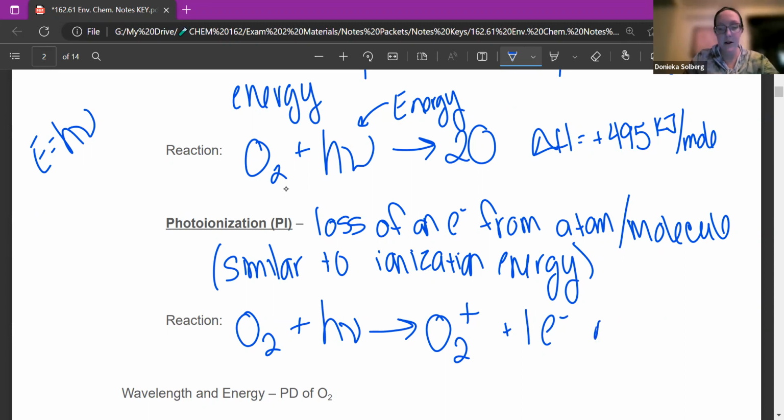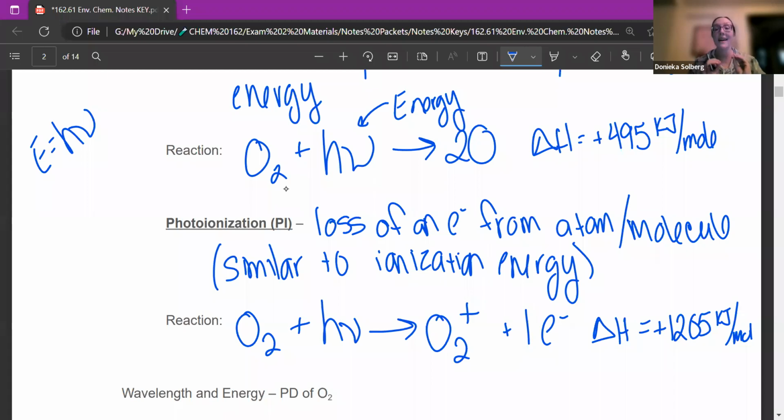Now, the amount of energy required for this is actually a lot higher. This is very unstable, doesn't happen that often, and is positive 1205 kilojoules per mole. Now, in certain regions of the atmosphere, this amount of energy is readily available. So we're going to talk about what regions photodissociation occurs, what regions photoionization occurs, and which molecules actually do that.